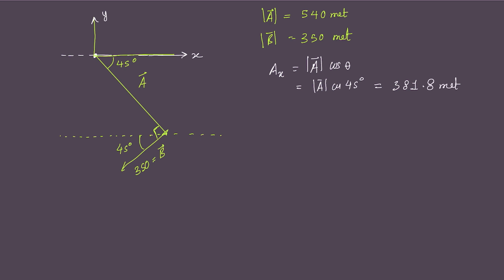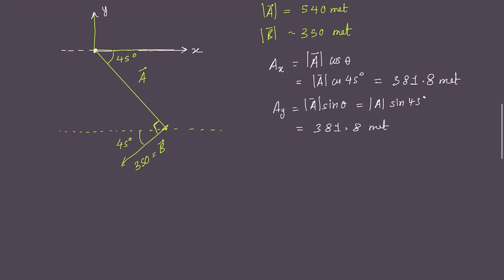Similarly, if x component is A cosine theta, the y component is given by magnitude times sine of theta, that is magnitude times sine of 45, which will also be 381.8 meters.